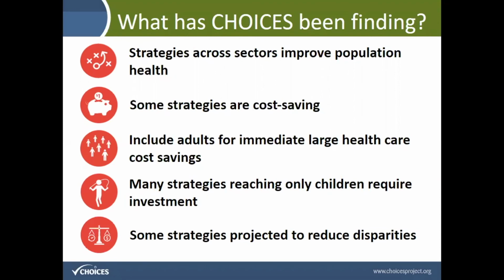Some vaccines are one area where you see some of this, but some of the strategies we've looked at are actually cost savings as far as we can calculate. Most cost money, but a lot of them we consider really good value for money interventions. We've also found that if you want some immediate cost savings, it helps to have some focus on adults along with children, just because the healthcare costs are so expensive among adults.